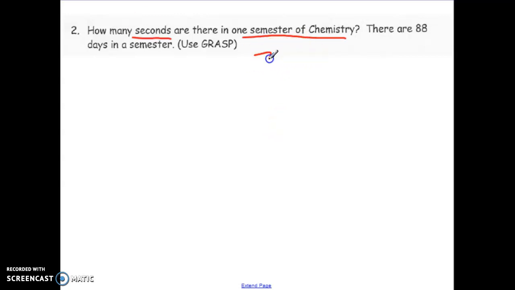We're going to assume that there are 70 minutes in every day of the semester. So give this a try. I want you to determine the total number of seconds in the entire semester that we would be together.